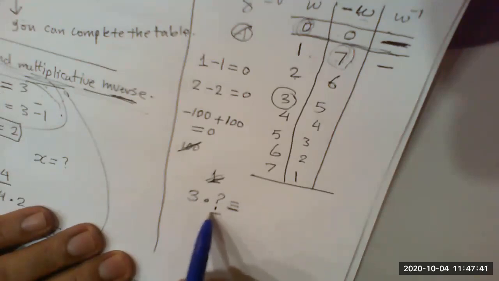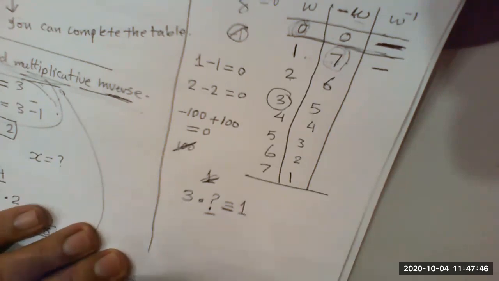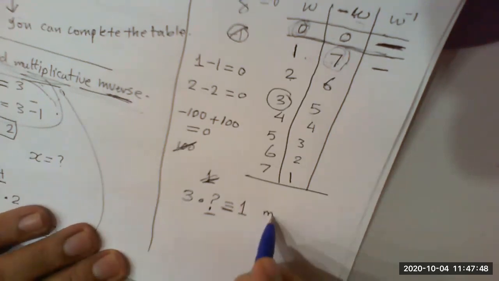What is the number that when I multiply it by 3 will give me 1, which is the remainder modulo 8? 3 to the power -1?